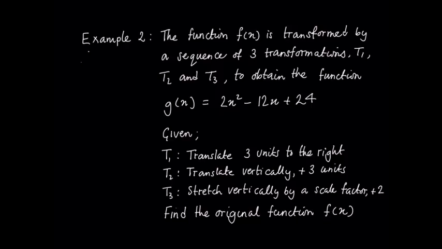T2 translate vertically by +3 units. And T3 stretch vertically by a scale factor of +2. What we have to do then is find the original function f of x. So we want to undo these transformations that were applied to f of x to get back to the original function. So let's have a look at how we can do that.